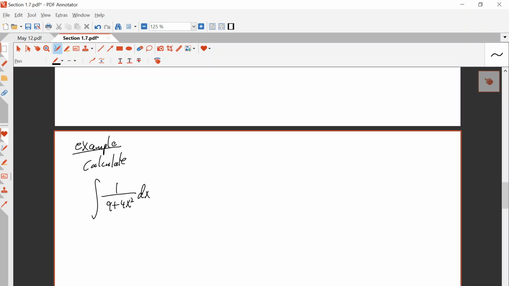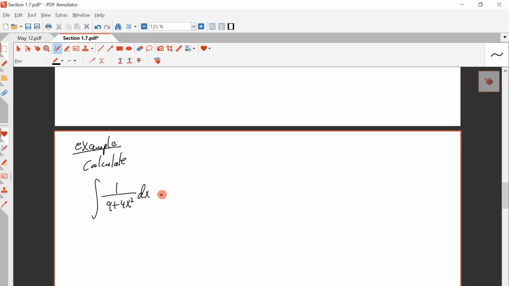Okay, so this looks a lot like the arctangent one. Of course, the derivative of arctangent is 1 over 1 plus x squared, not 9 plus x squared or 9 plus 4x squared. So we need a 1 here rather than a 9.